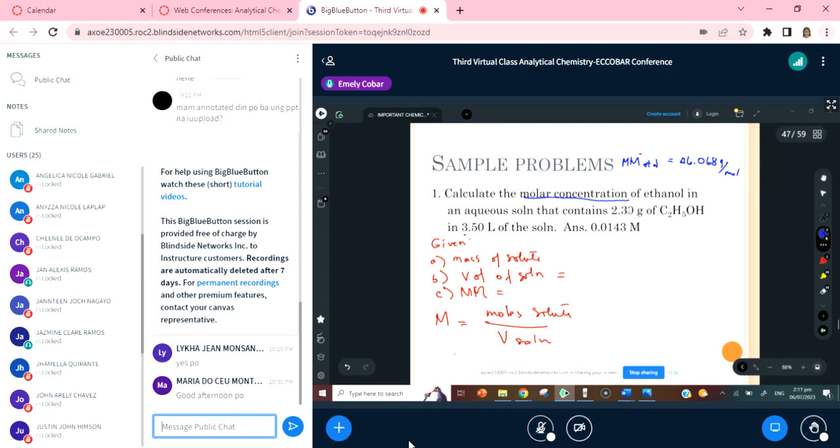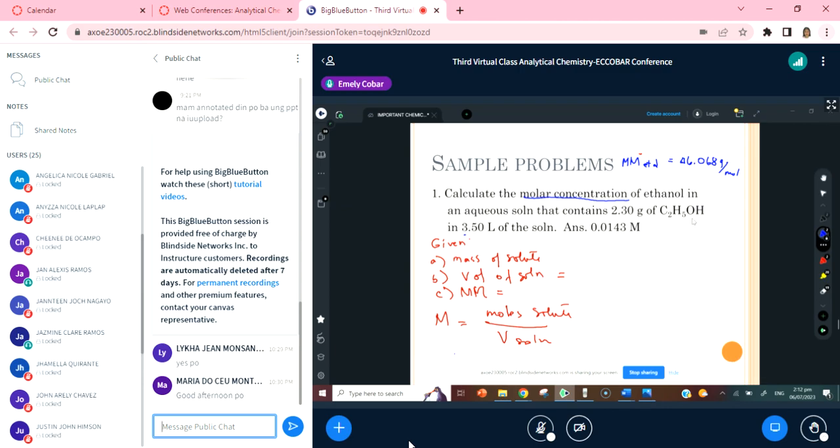Calculate the molar concentration of ethanol. Molarity of ethanol in an aqueous solution that contains 2.30 gram of ethanol in 3.50 liter solution. So, class, ano ang solute natin? Ethyl alcohol. Okay?